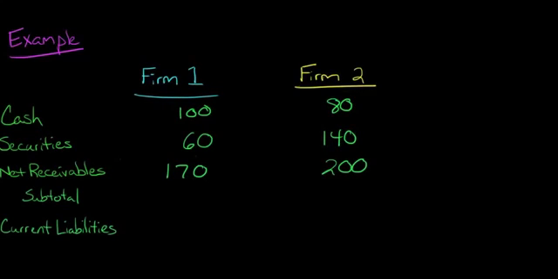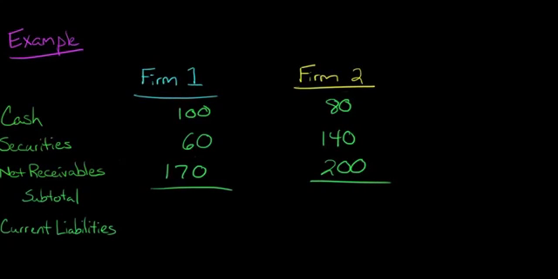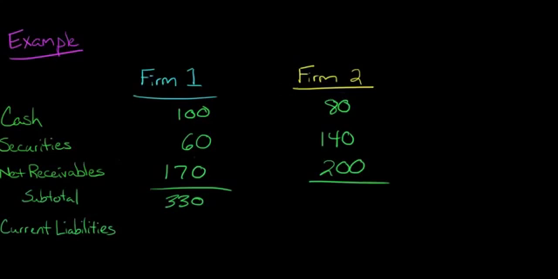And so just to make this a little bit easier, we'll just go ahead and subtotal these. And then this subtotal is basically current assets minus inventory. So when we do the subtotal, we end up with $330 for firm 1 and then $420 for firm 2.